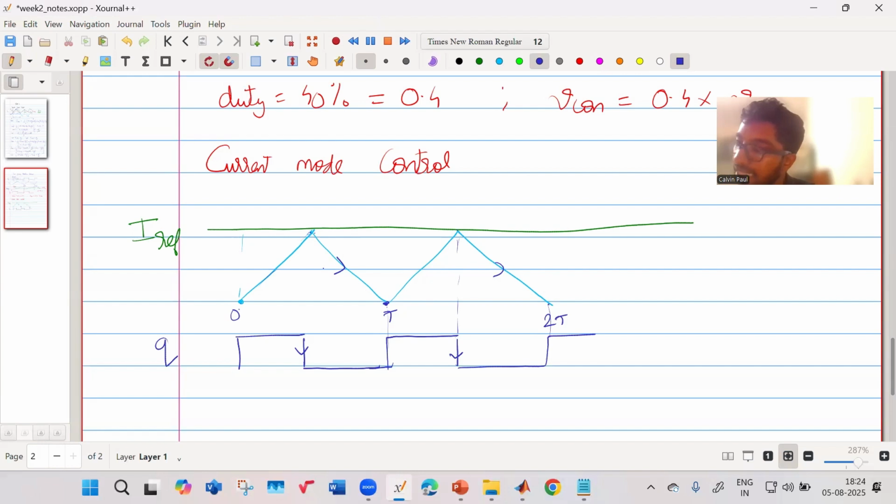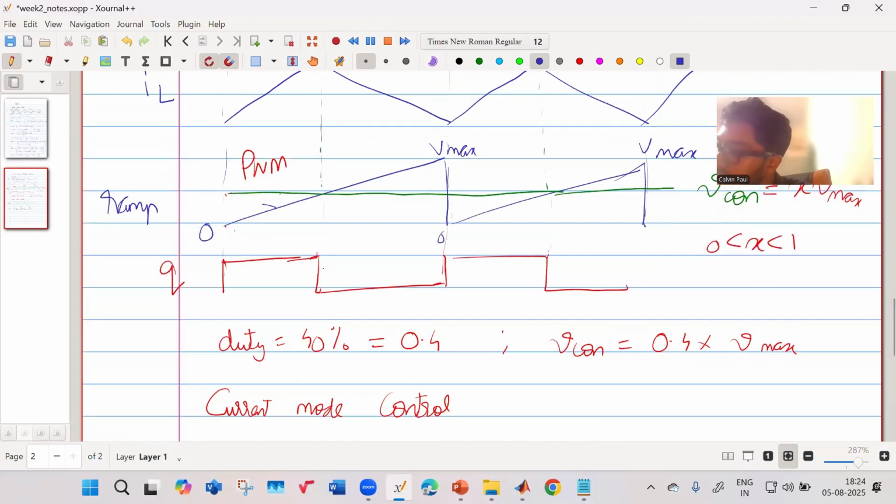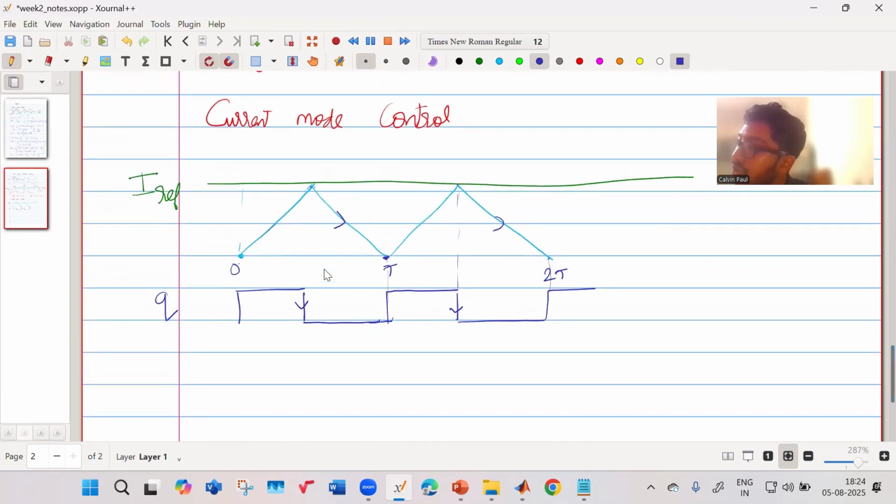In the previous case, if you remember, you had some ramp, and you were comparing some control voltage with the ramp and generating the gate signal, going high and low. In this case, in current mode control, you are using the actual inductor current. As we said, we consider the inductor current to be triangular.